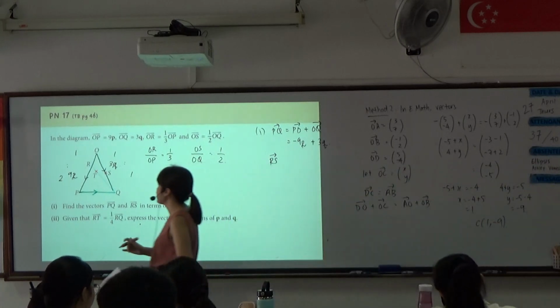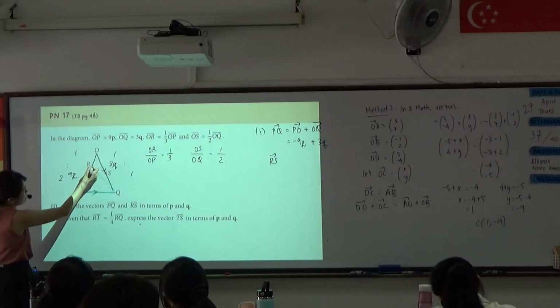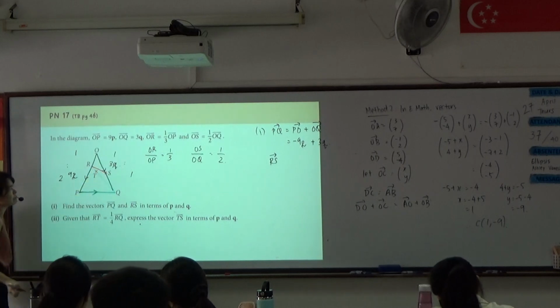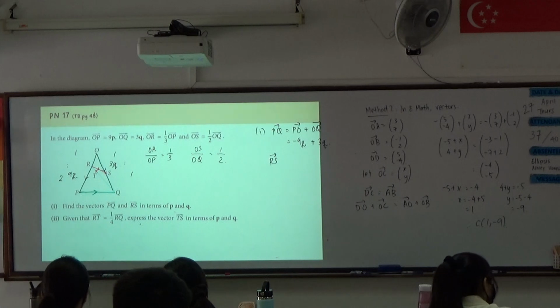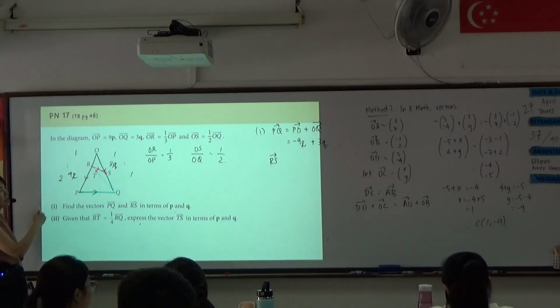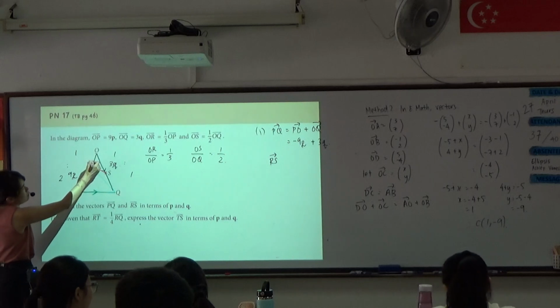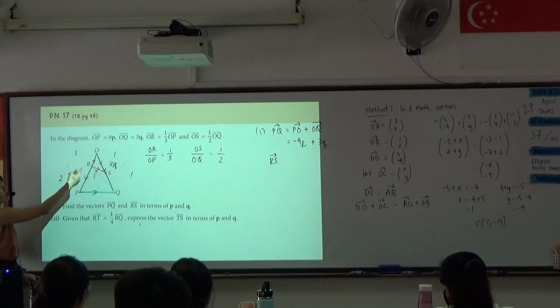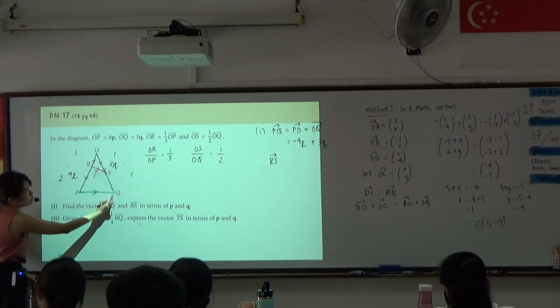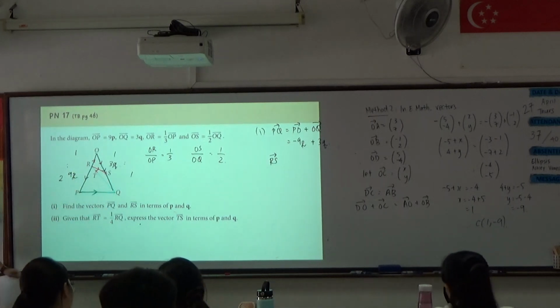In order for us to find out what RS is, let me connect the point from R to S with a line segment. We know that this is the direction we're looking at for RS. Then we look for the path that connects R to S, and that will be RO and OS. If you want to, you can consider RP plus PQ plus QS, just that it's a longer path.